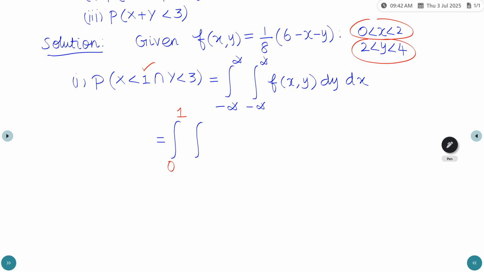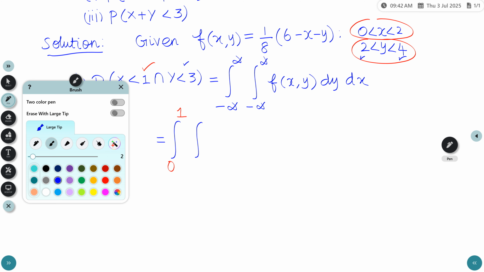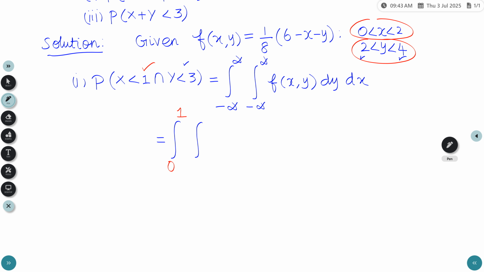And then the integral for y, in general, is 2 to 4. But here they mentioned y less than 3. So the lower limit is 2, and the upper limit is 3.